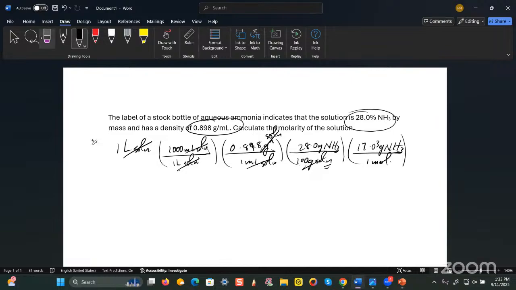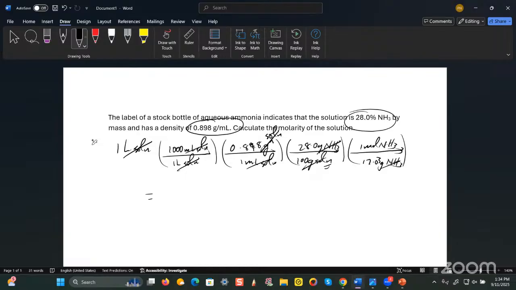Actually, it's all the way around, my bad. It should be 1 mole on top and 17.03 grams of ammonia below. All right. So this will cancel out with this, and that will give us the moles.